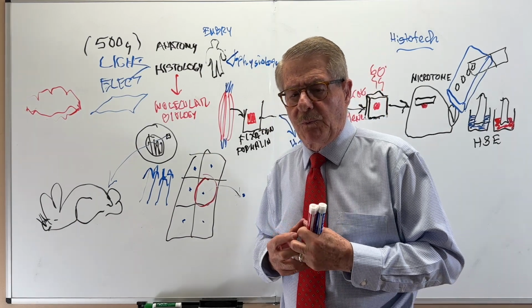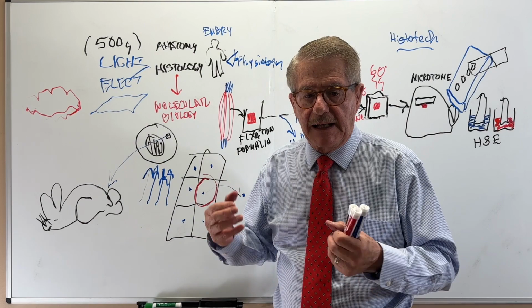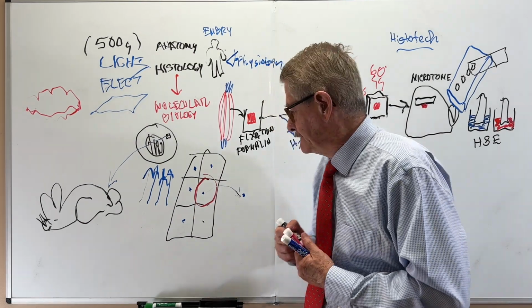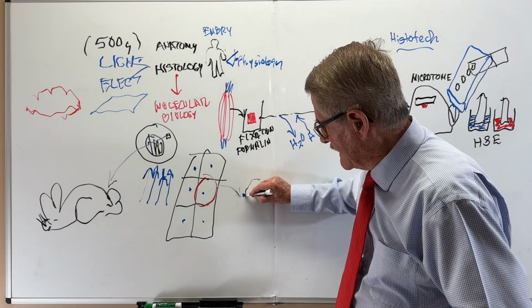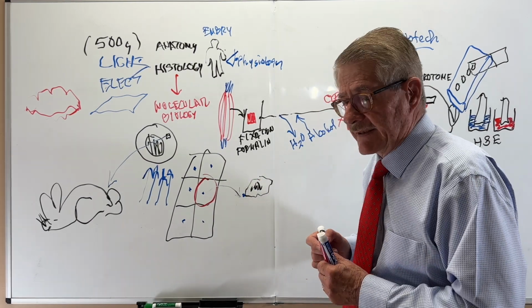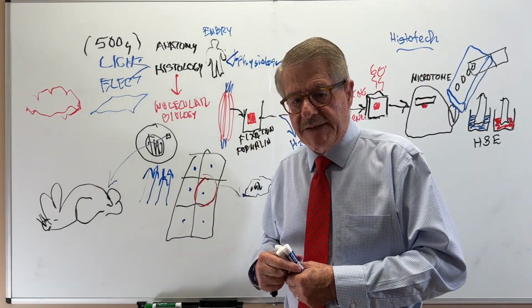fuse it to produce a hybrid cell with a malignant cell that is commercially available, a multiple myeloma cell. This is a multiple myeloma cell, a malignant cell that is essentially immortal because it just keeps on multiplying itself.